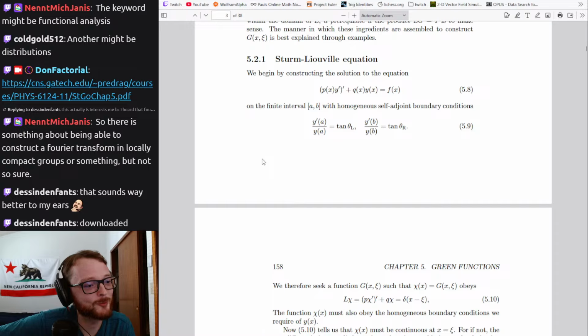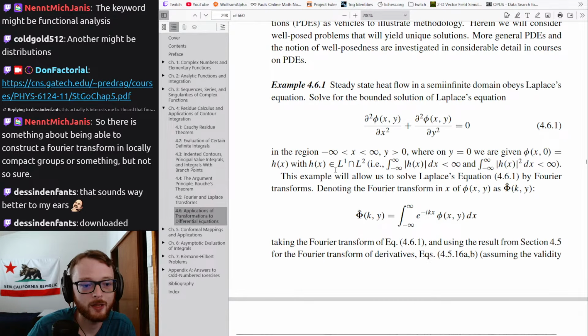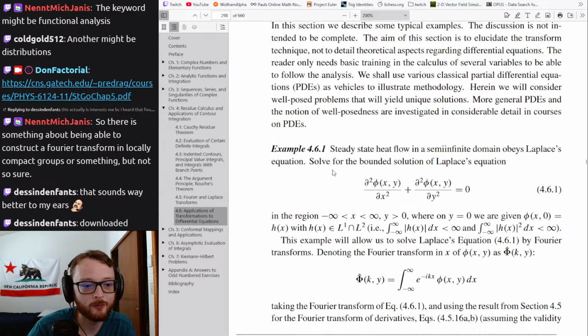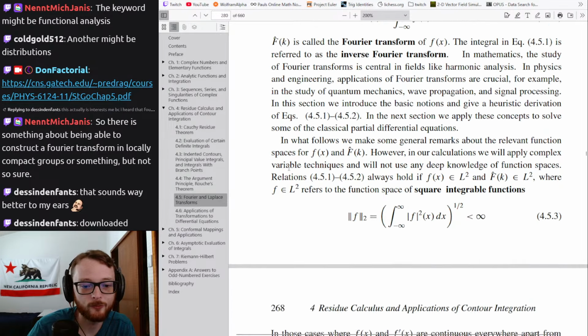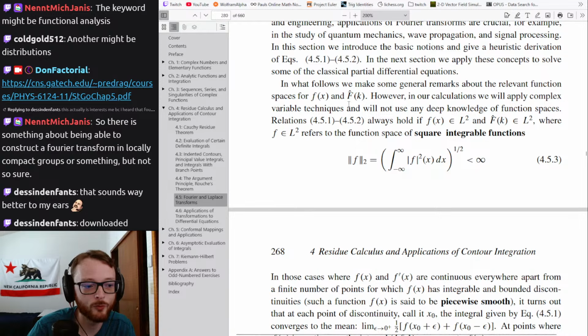There might be distributions for keywords. Okay. There's something about being able to construct a Fourier transform in locally compact groups or something. I've at least been learning about Fourier transforms with Lp spaces. This book is very applied, so it's really trying hard to avoid talking about this too much.